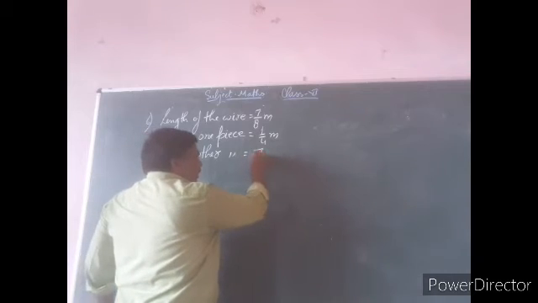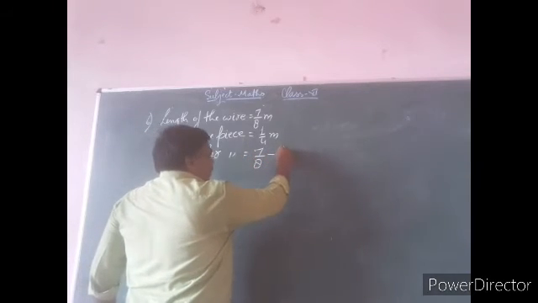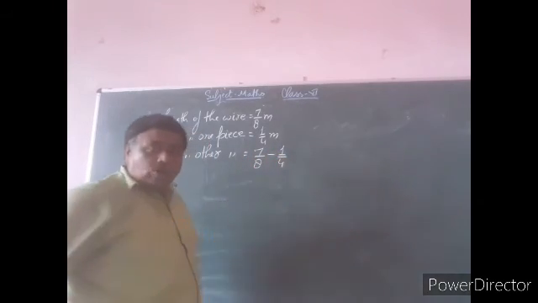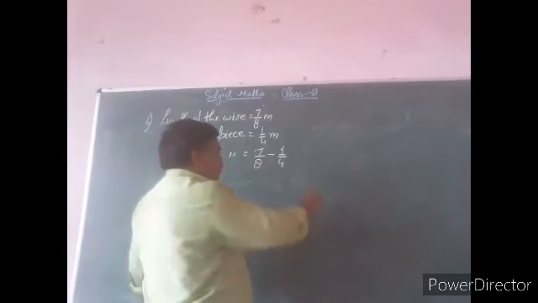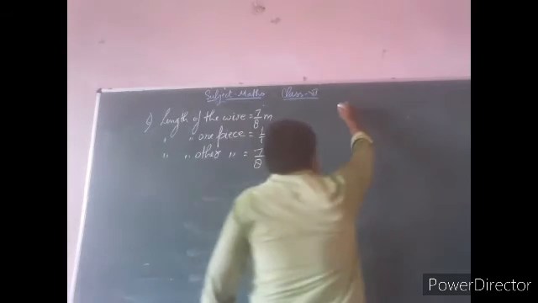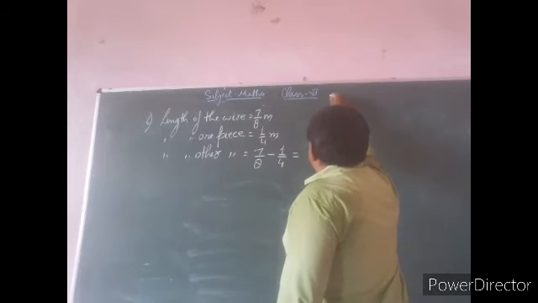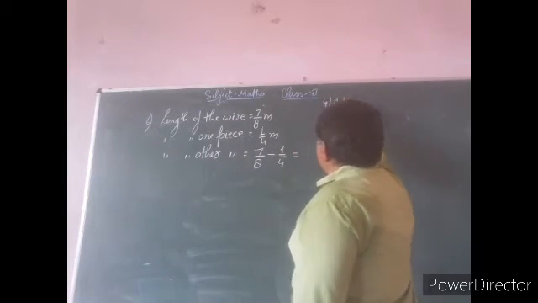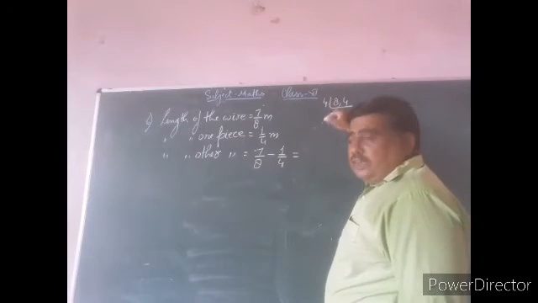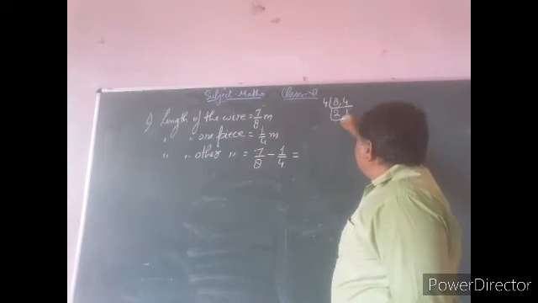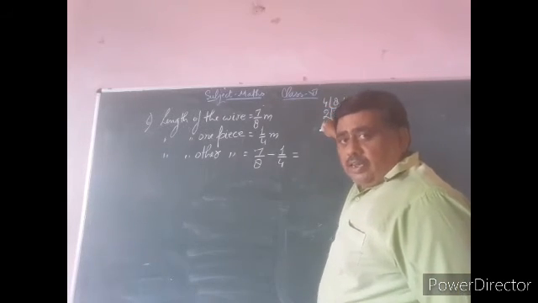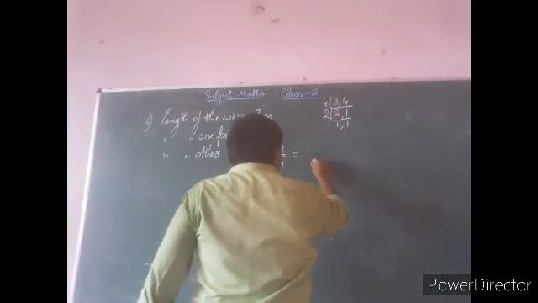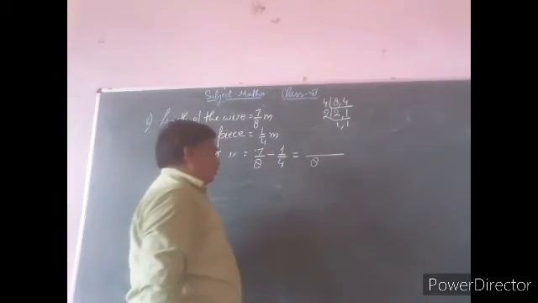So 7/8 minus 1/4. Now take the LCM. LCM of 8 and 4. 4 2s are 8 and 4 1s are 4. Now LCM is 8.